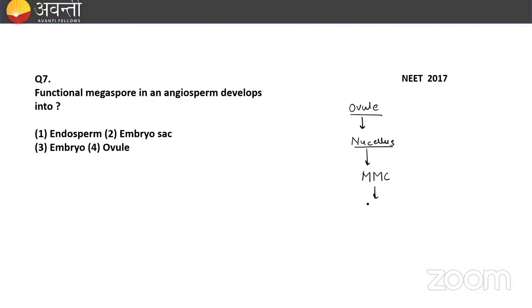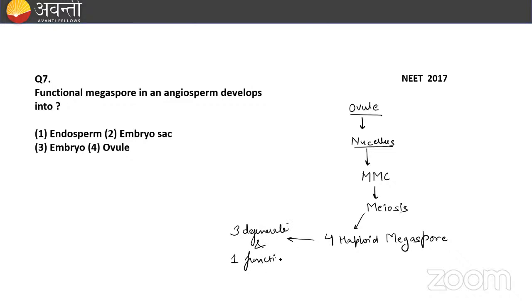This megaspore mother cell undergoes meiosis and produces 4 haploid spores. Out of 4, 3 degenerate and only 1 is functional. And this functional megaspore will form the embryo sac.